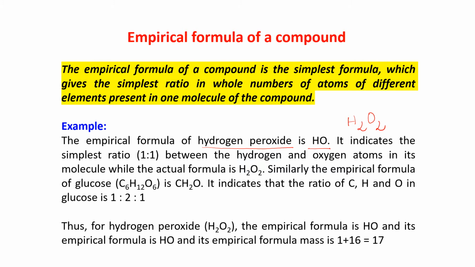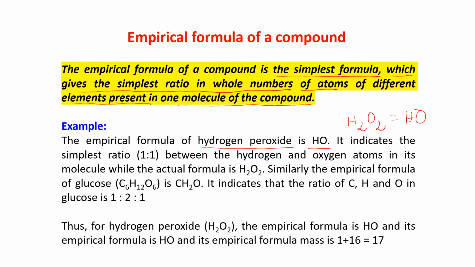Now it is said that empirical formula of a compound is the simplest formula which gives the simplest ratio in whole numbers of atoms of different element present in one molecule of compound. So if I find the simplest ratio of it, the 2 and 2 will get cancelled. I am getting HO.